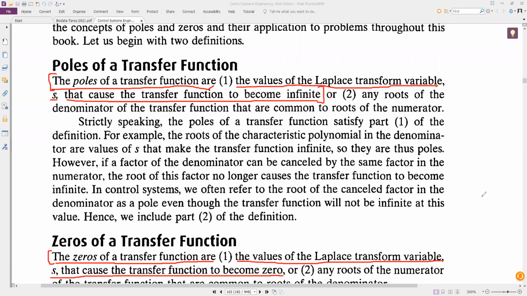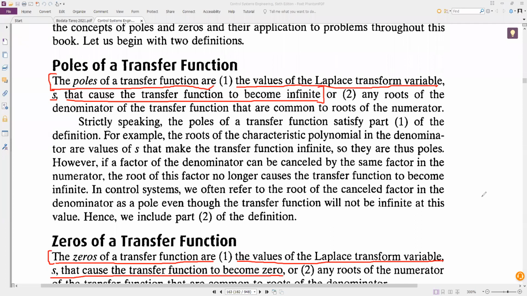Do you understand? So two things, poles and zeros.